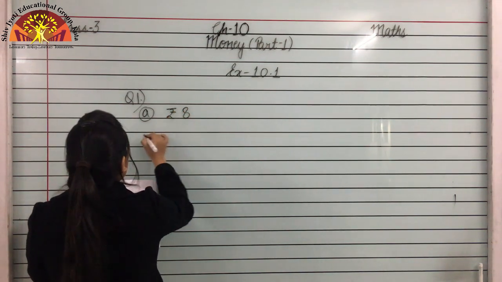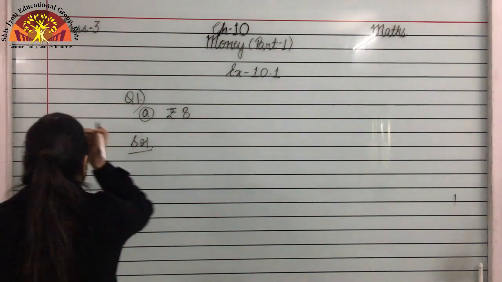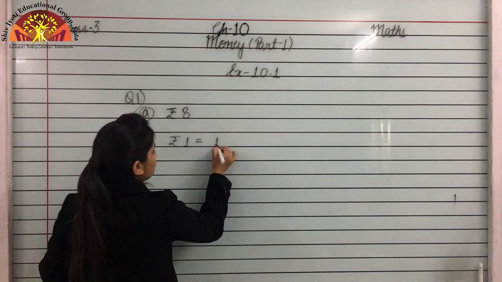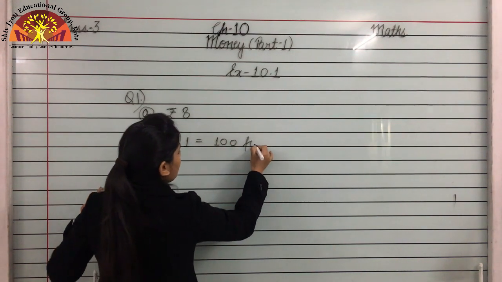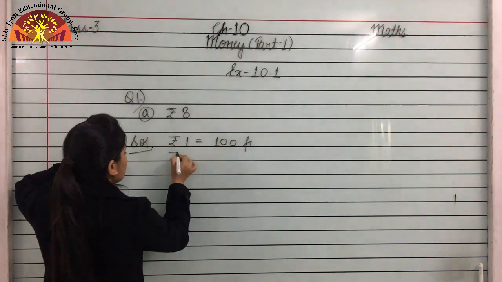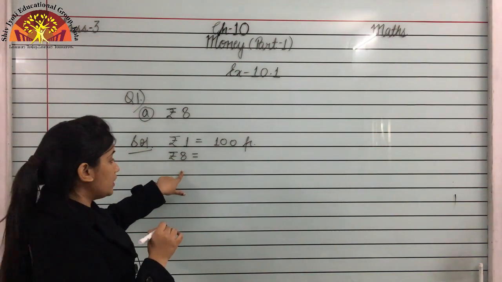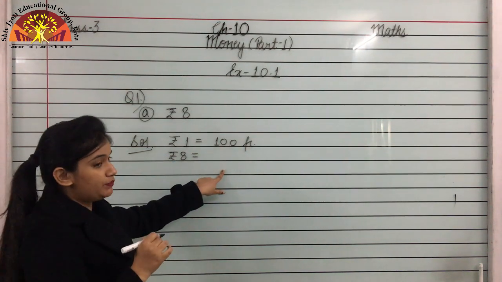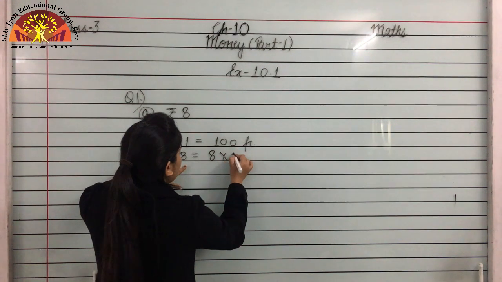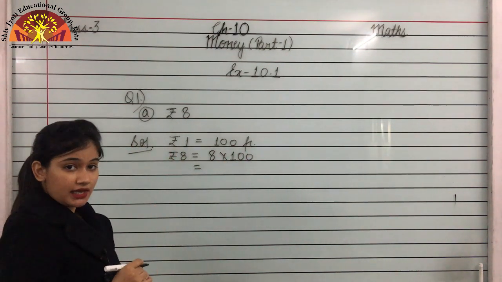So now I am taking A part of this question, rupees 8. So we have just seen rupee 1 is equal to 100 paise. Okay, but in this question we have rupees 8. So what do we have to do to convert rupees to paise? Simply we have to multiply it by 100, and 8 multiplied by 100 is equal to, now how can we multiply 8 by 100?